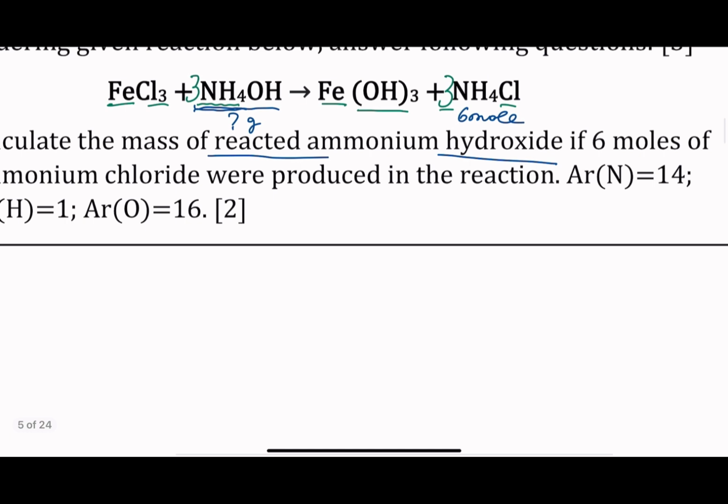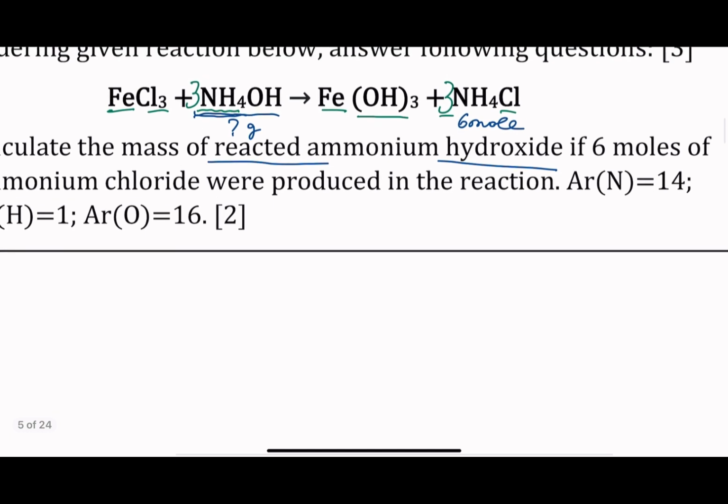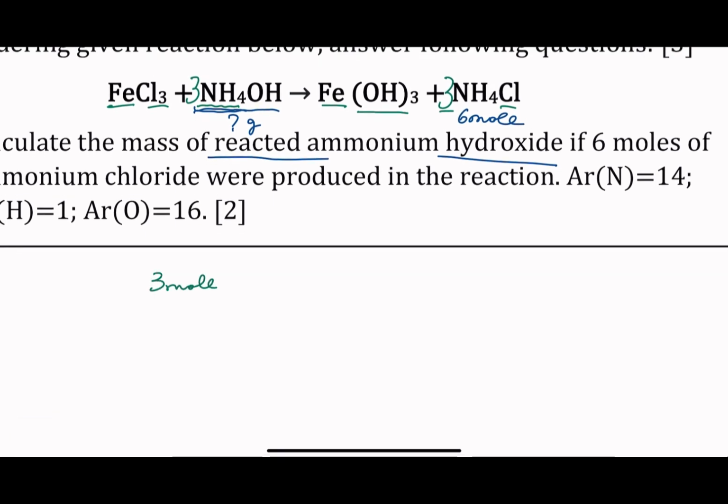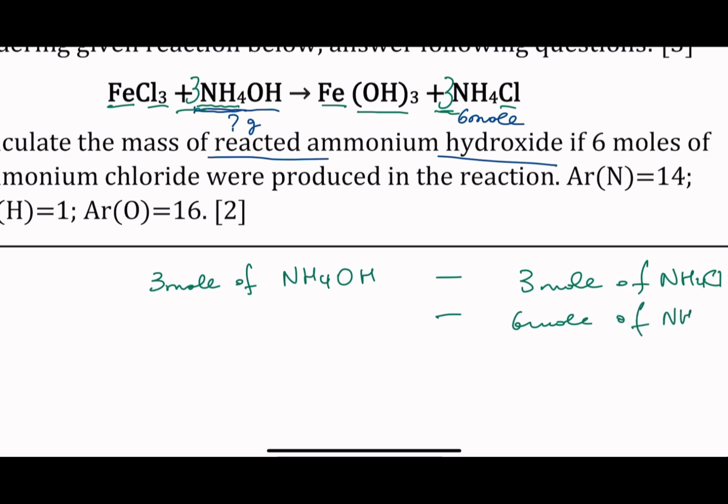As you see here, 3 moles of ammonium hydroxide is giving 3 moles of ammonium chloride. All these coefficients are giving you the ratios. And then 6 moles of ammonium chloride would be getting from 6 moles of ammonium hydroxide.